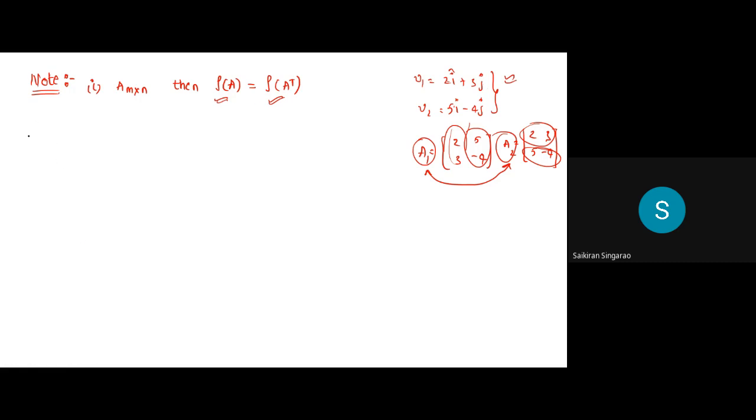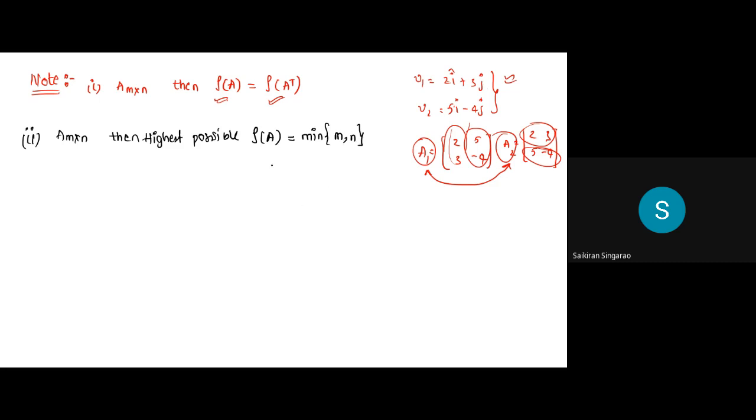Next. The second point is, if A is an m cross n matrix, then the highest possible rank of A is the minimum of m comma n.